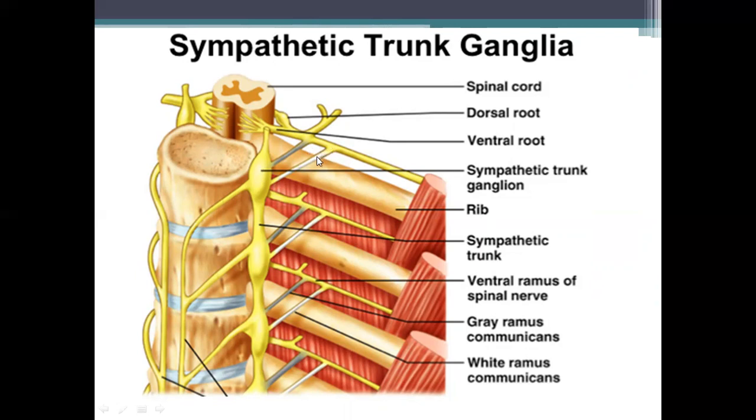Before going into the sun, we are not tanned, we are very bright. So it's the white rami communicantes before going into the ganglion. Before going into the ganglion, there will be preganglionic fibers. When it comes out of the ganglion, there will be postganglionic fibers. Since it is tanned, it's also called gray rami communicantes. It's just an example.